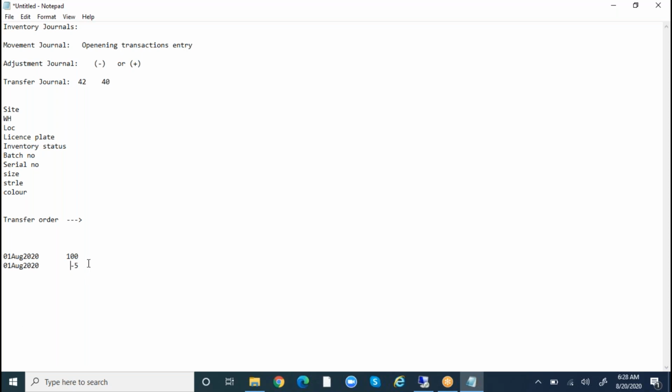Suppose instead of this, I enter 31st July 2020. Then it will show that first I have entered 100 quantity. Now I have entered minus 5.